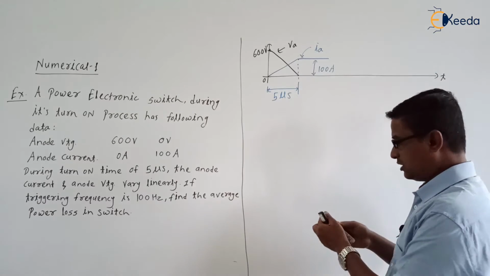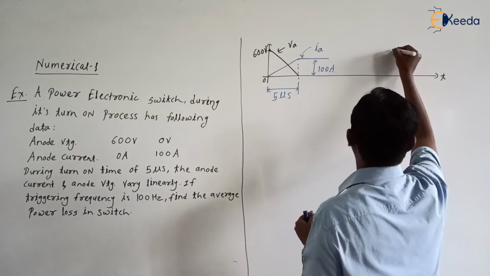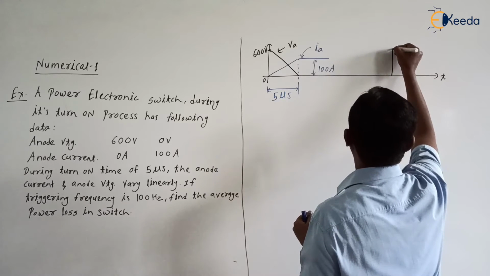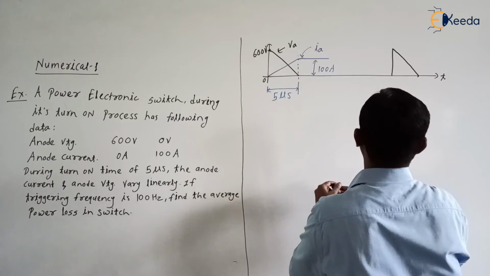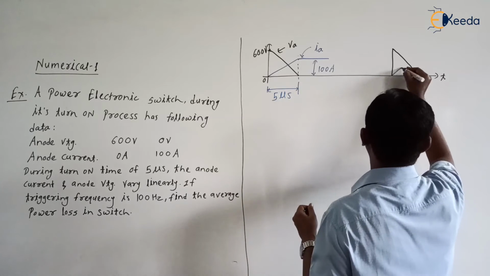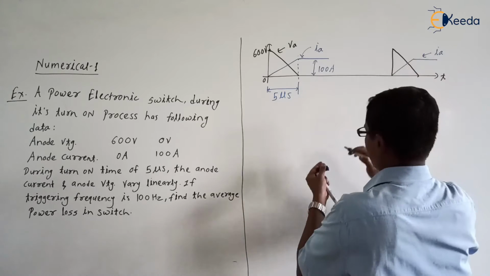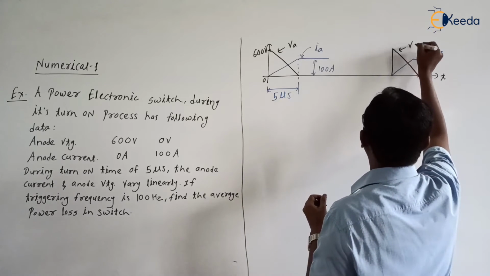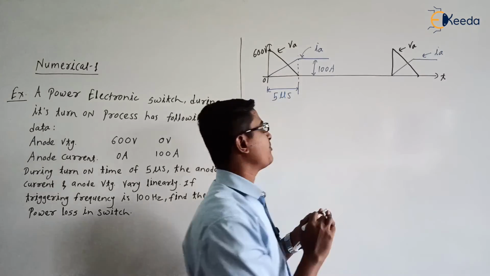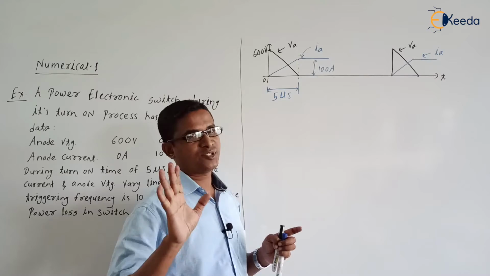So suppose at this instant again the VA is decreasing, means again it is turned on, and IA is increasing. This is for IA, this one is for VA. So this type of waveform in 1 second we will be getting 100 times, right?